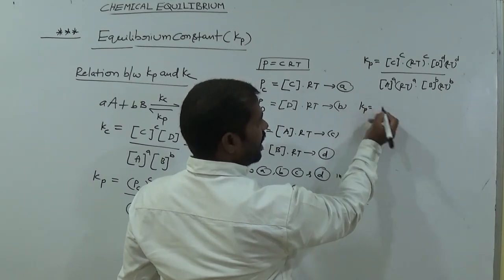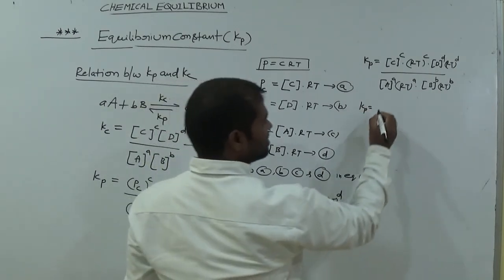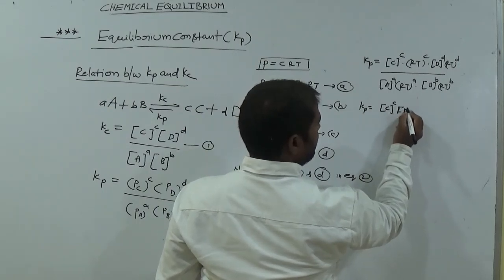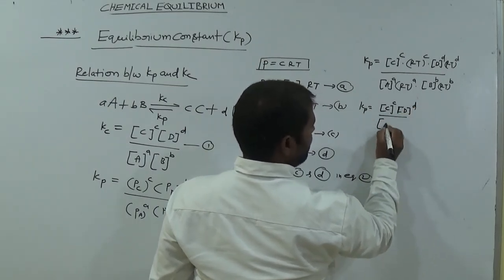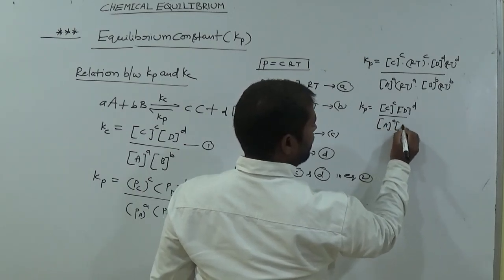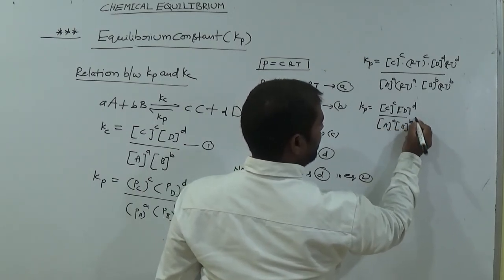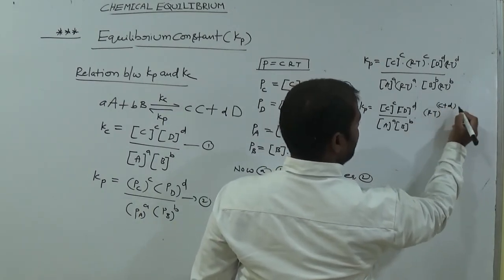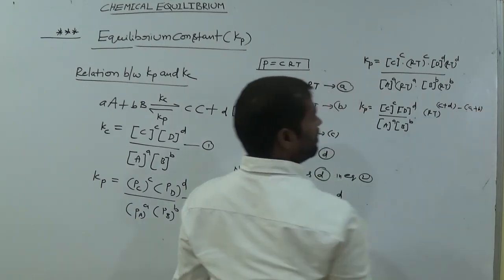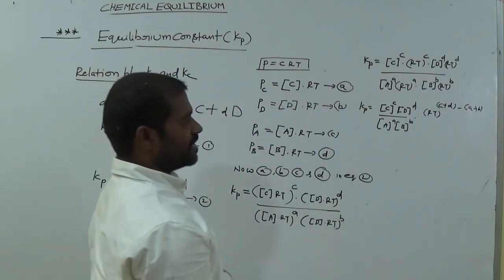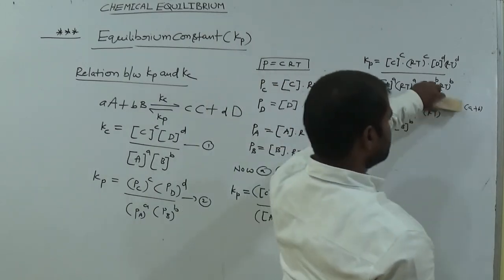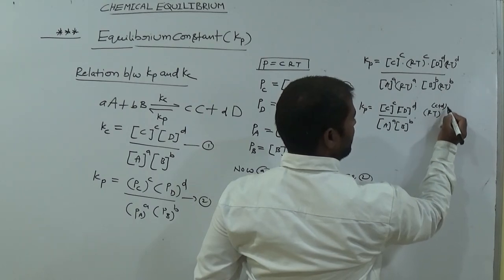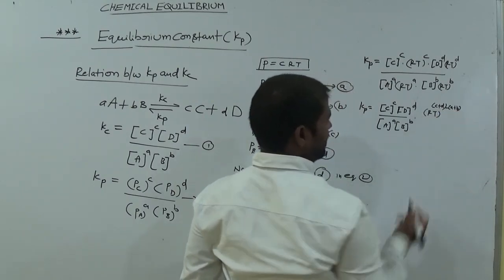So now Kp is equal to, can I write like this? C to the power c, D to the power d, over A to the power a, B to the power b, into RT whole power (c plus d) minus (a plus b). Am I right?